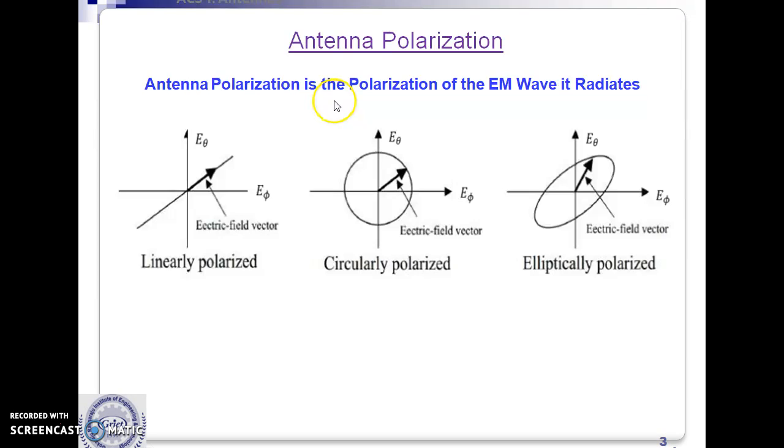Similarly, a circular polarized antenna is producing a wave which is circular polarized, and if the wave radiated is elliptically polarized, then we call it an elliptically polarized antenna. So, in short, we say antenna polarization is the polarization of the wave radiated by the antenna.